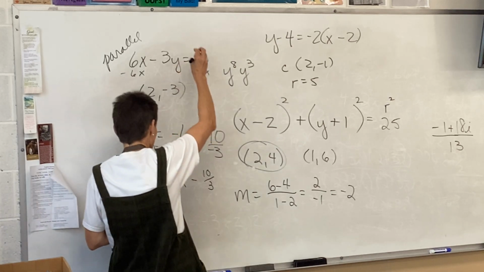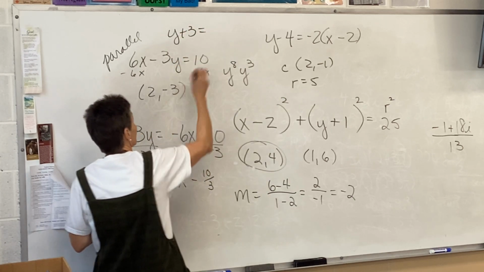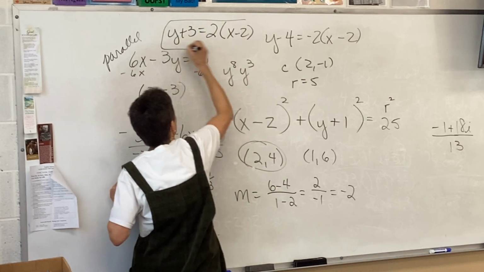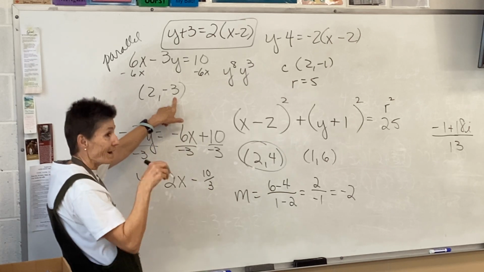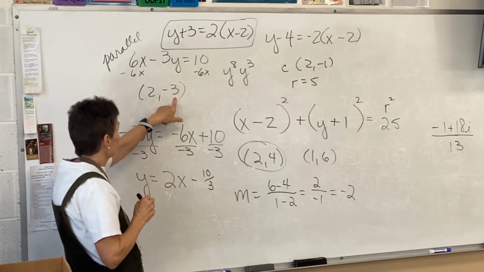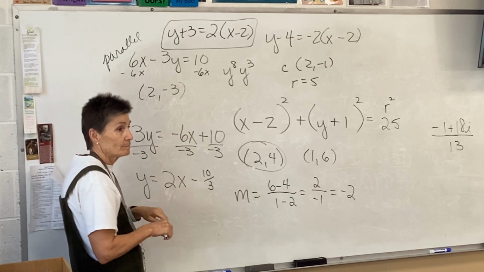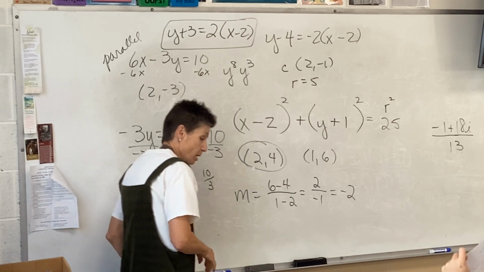But this is just going to be y plus 3 equals 2(x minus 2). So there's your point. So it's y minus -3 equals 2(x minus 2). Okay, so we'll pause there.